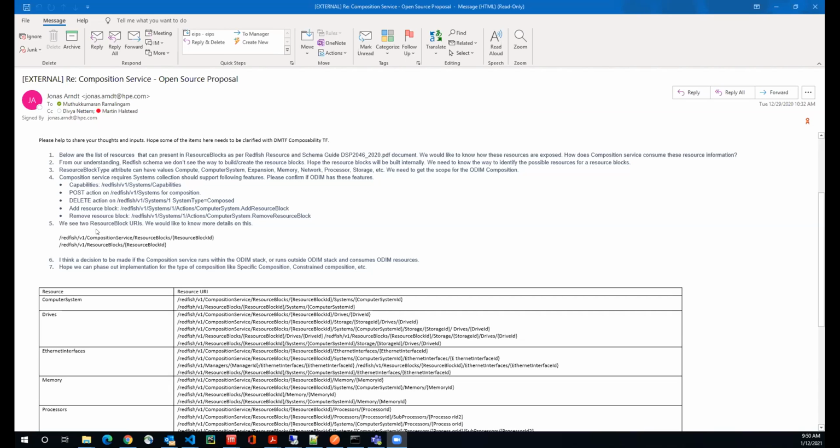Jonas, to go back to the previous topic first, I just started looking at something. I think we need to be careful here, because the conversation we need to have, first and foremost, in my mind, is ODIM related. John, for example, is working for Dell.